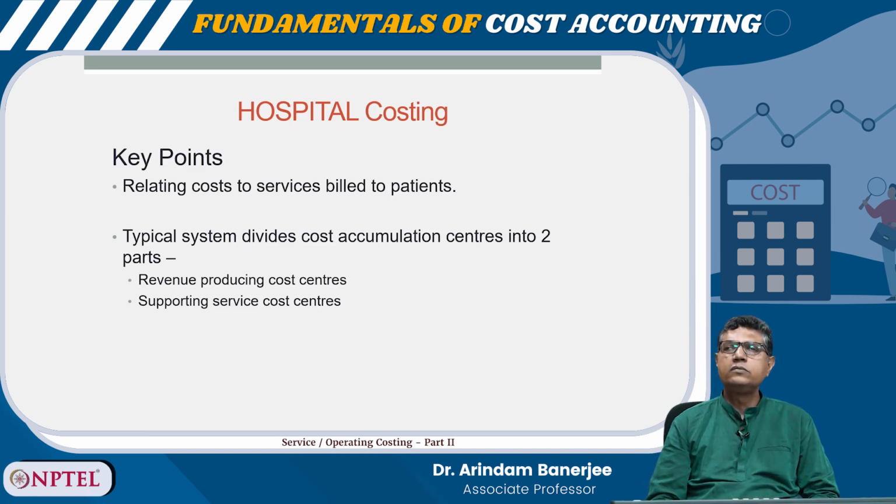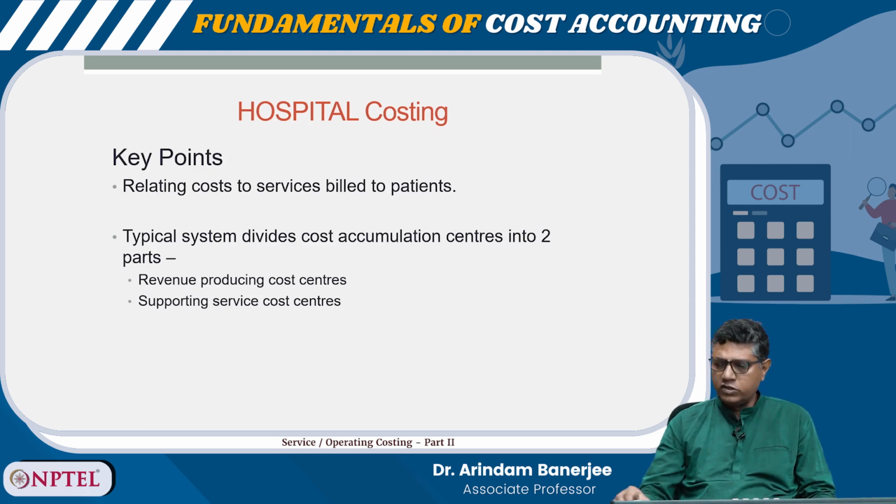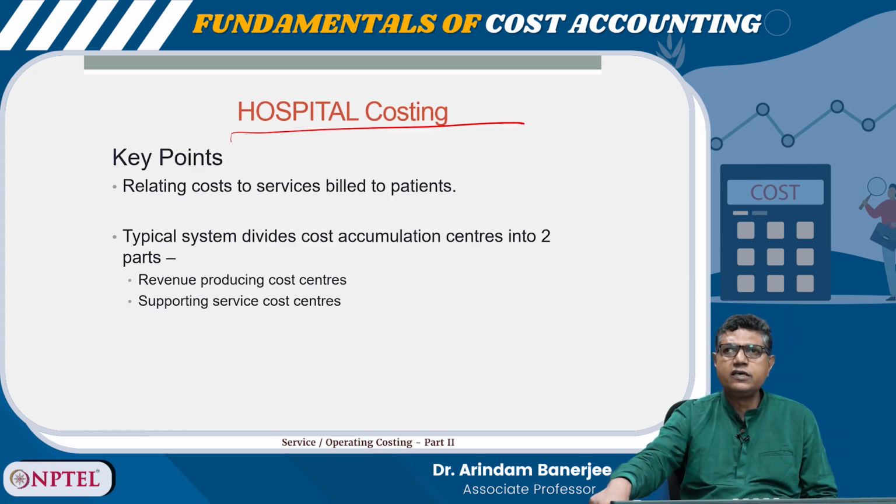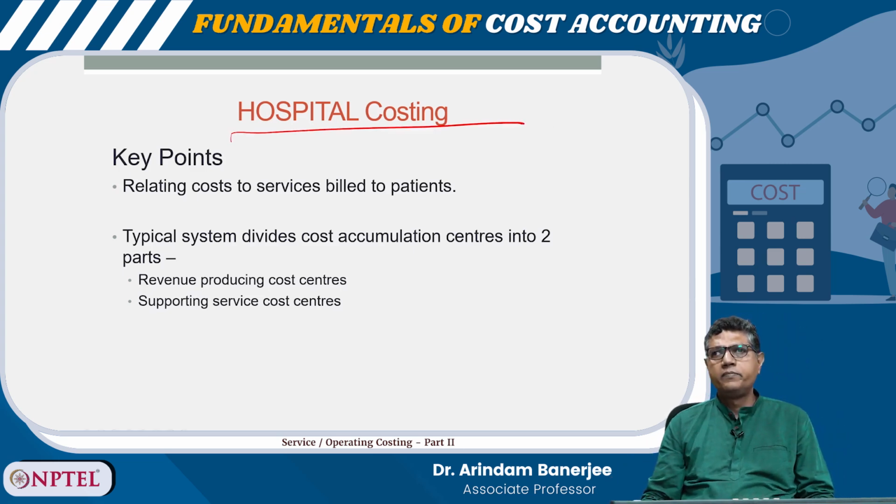Okay. Now, we will discuss how the service cost can be computed in case of a hospital. In case of hospital costing, what are the key points? It is related to the cost of services billed to patients first, and the typical system divides cost accumulation centers into two parts.